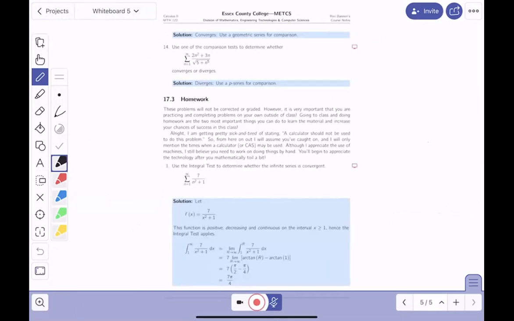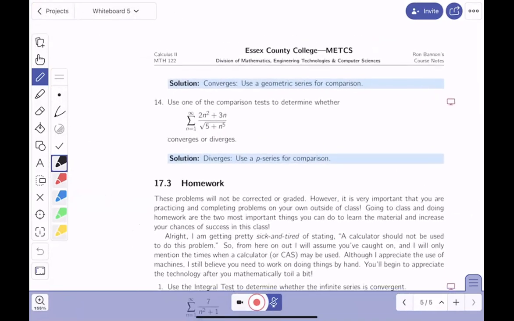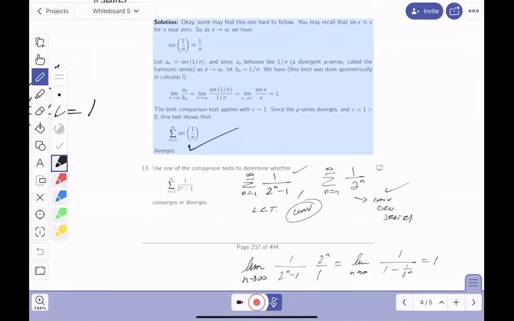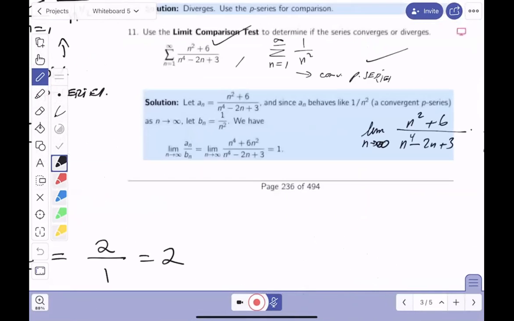We got that. By the way, this is déjà vu. Did I do 14 already? And there's a point to this, and I'll tell you what the point is. If you look at most of the tests you see at Essex, they're typically the same questions over and over again. Like when you do homework, it's going to look like déjà vu all over again. I want to go back in the notes and see if this question has been given to me, because it sure does look familiar. But I'll be honest with you, everything looks familiar to me. I don't see it there.